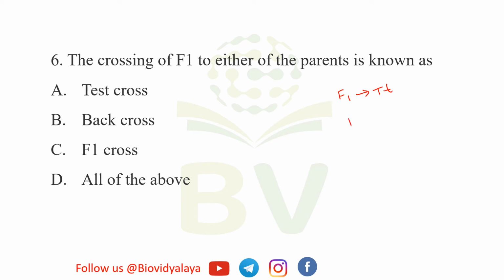If you are crossing this F1 hybrid with homozygous dominant parent, or with homozygous recessive parent, we can say that it is back cross. If we are crossing any of the parent with F1 hybrid, then we can call it as back cross. Okay. So the correct answer is option B, back cross.